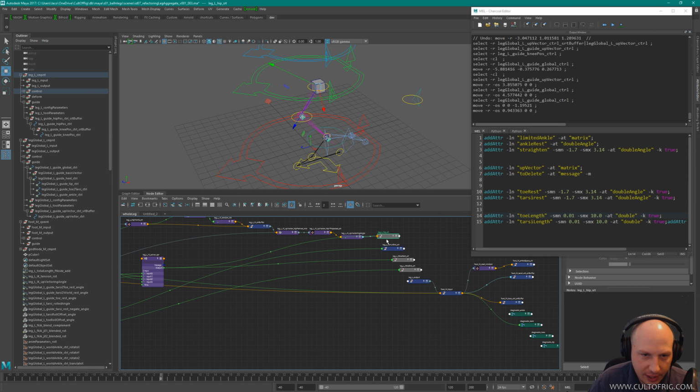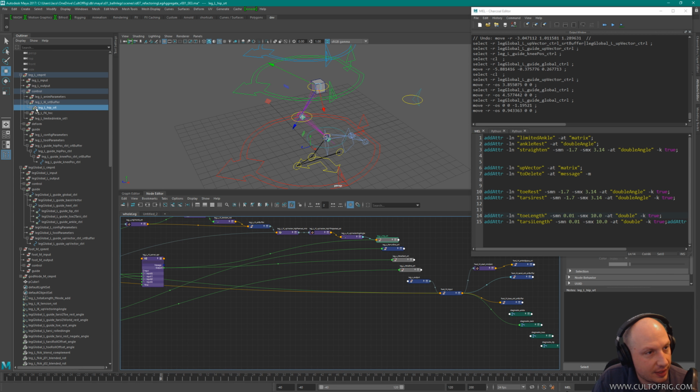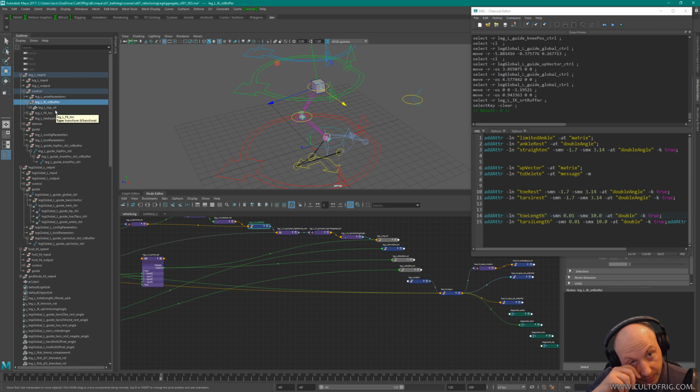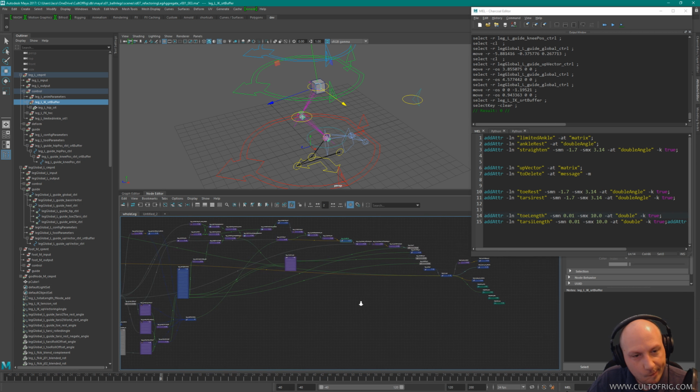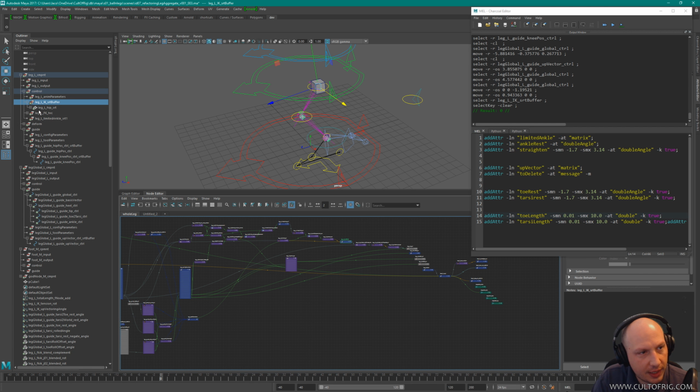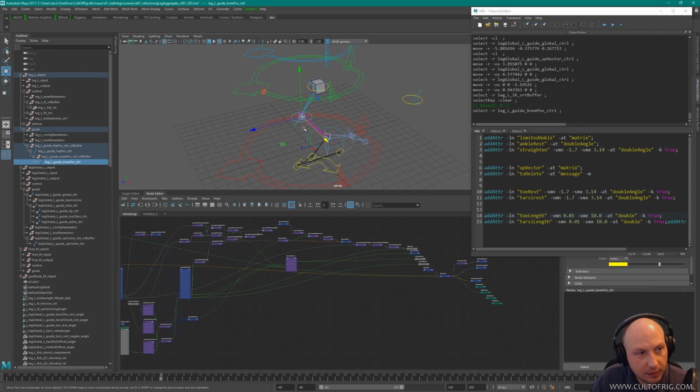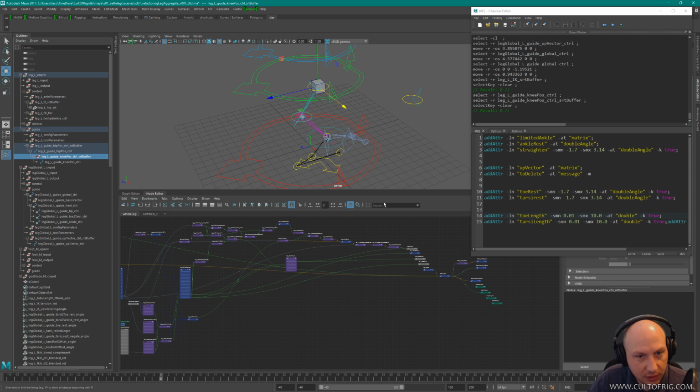Because these will be a circularity if I just grab these. What space is that in? So that is in the space of the buffer. Okay, that's why it works. We might need to add a buffer to these, which we do have actually.